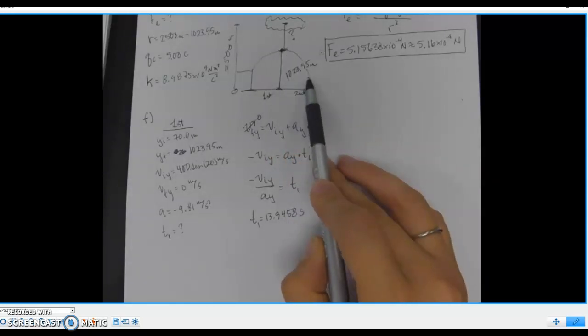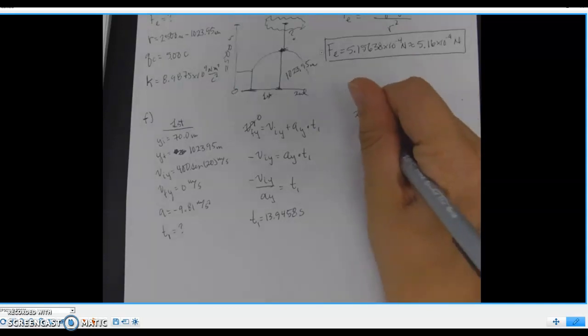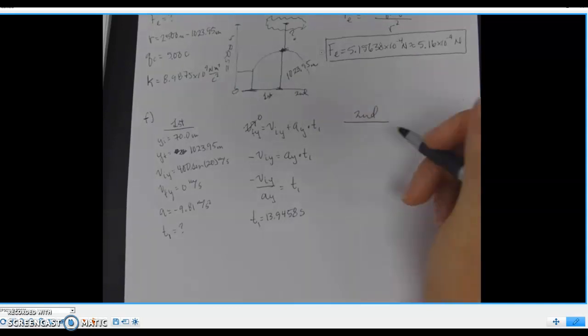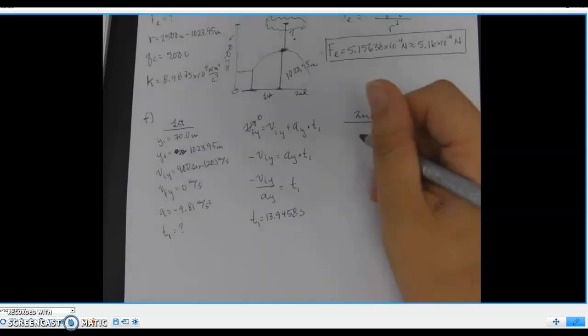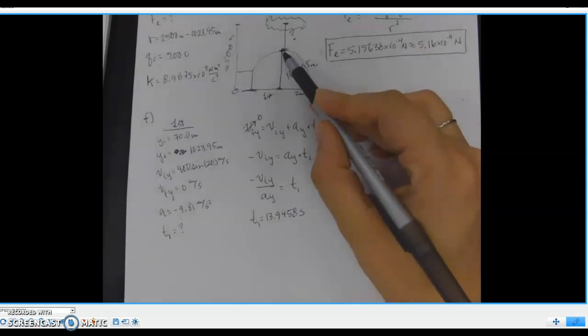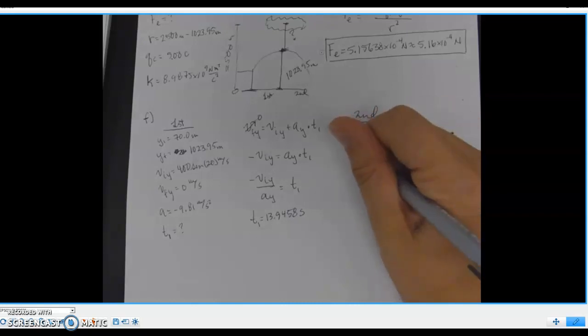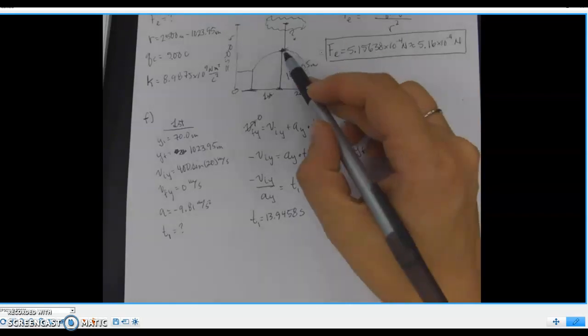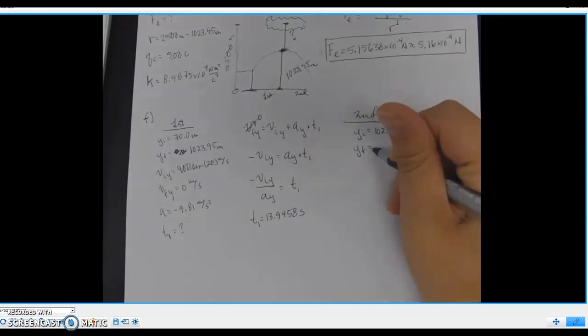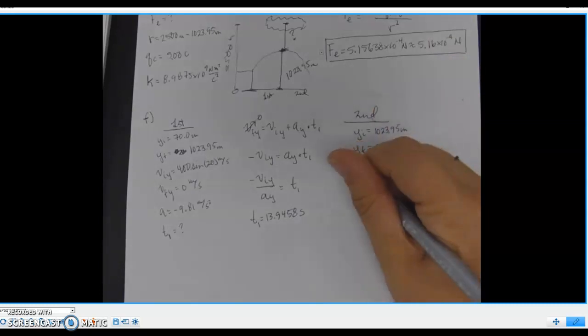Okay, now the time of the second part, I'm going to make a new list. For the second part, my y initial, I'm starting at the top of the arc. So that would be initially 1,023.95 meters. My y final of the second part is going to be the ground, 0 meters.